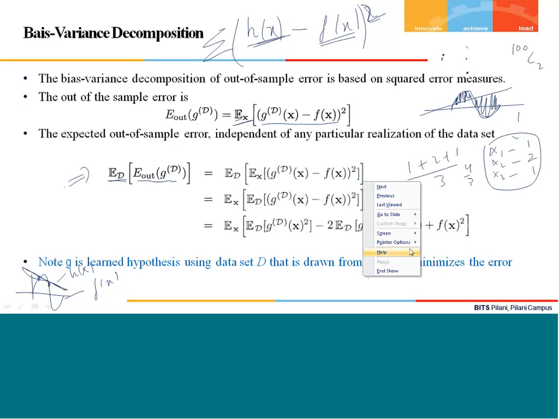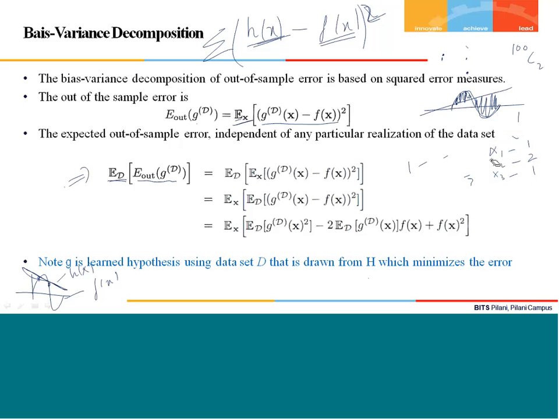When I say the expected value corresponding to D, it means one by one I am considering different data sets. I am calculating the expected value over X for each data set, and finally when I get the expected error for each data set, I will average them at last.